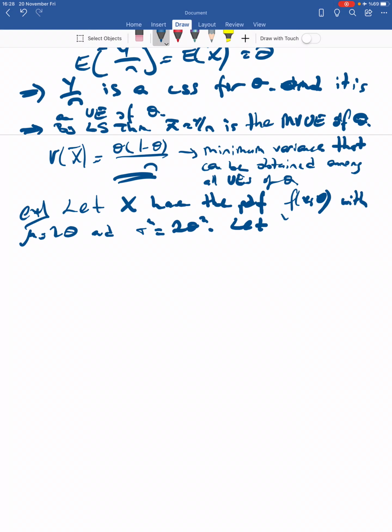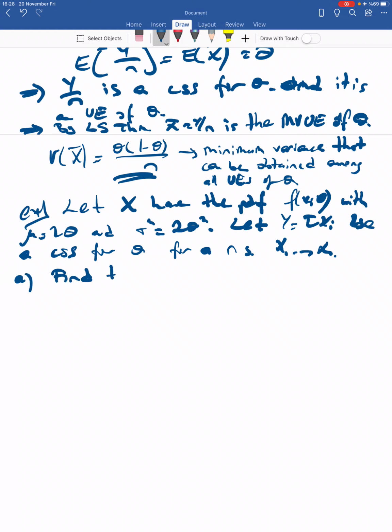Here let y equals summation xi be a complete sufficient statistic for theta for a random sample of size n. Here, part A, find the minimum variance unbiased estimator of theta.